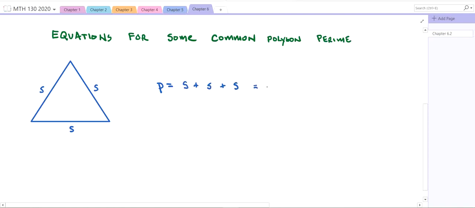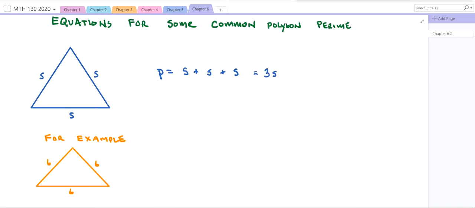So we can simplify that as just 3 times s, or 3s. So for example, if each side was length 6, we would have for our perimeter P equals 3 times 6 equals 18.